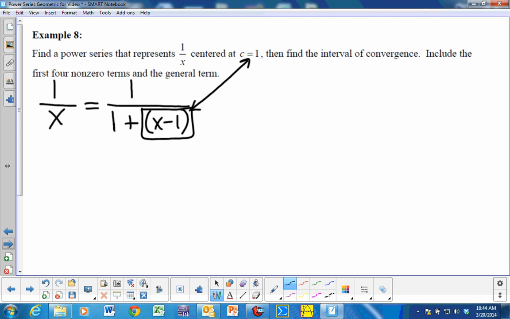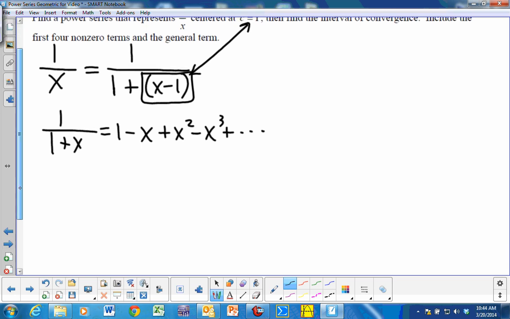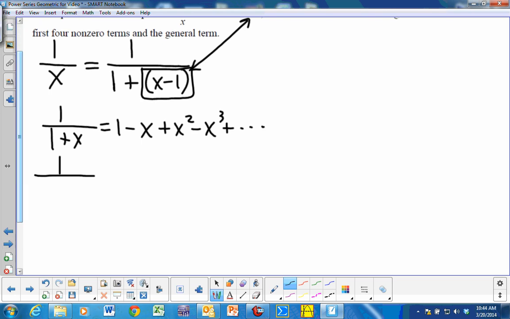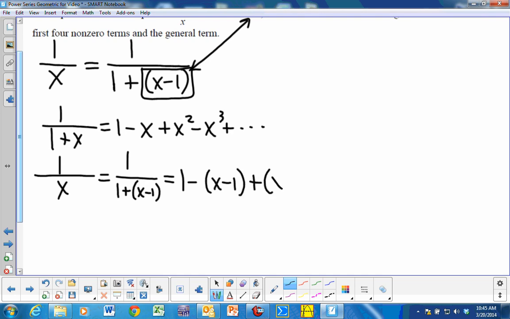It's supposed to be centered at 1, which means you have to have x minus 1 in the terms. So if I take my 1 over 1 plus x, which is 1 minus x plus x squared minus x cubed, etc., 1 over x equals 1 over 1 plus x minus 1. So everywhere I see x, I'm going to replace it with x minus 1.